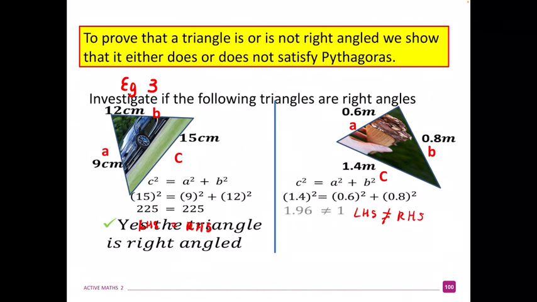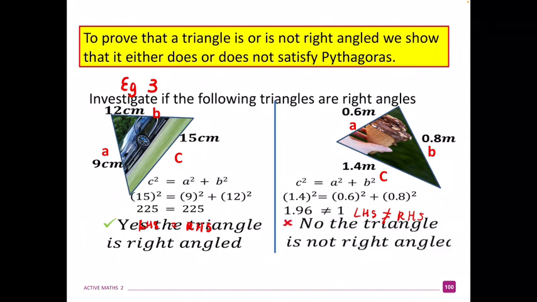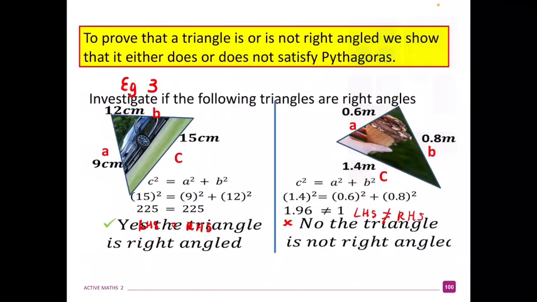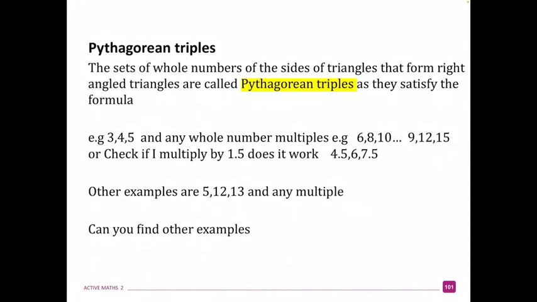This equation does not satisfy Pythagoras' theorem. Therefore, no, it is not a right-angled triangle. Please pause this video and take down this example question.